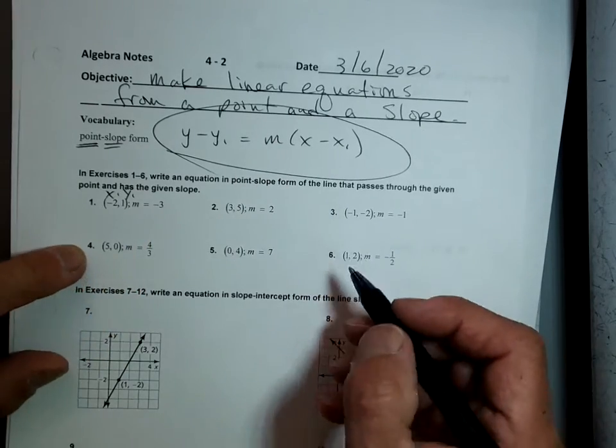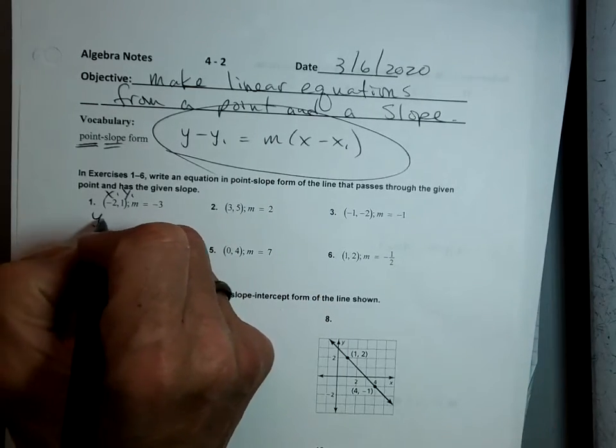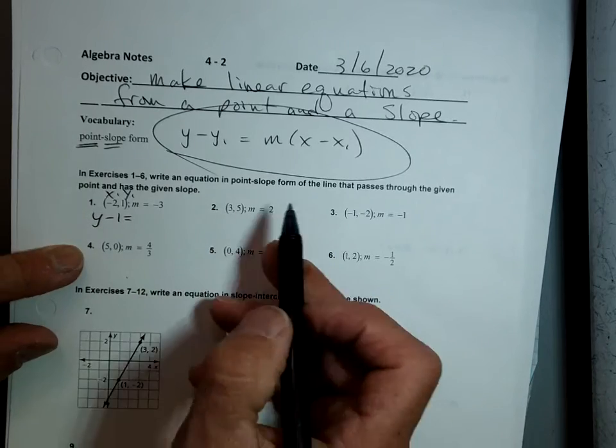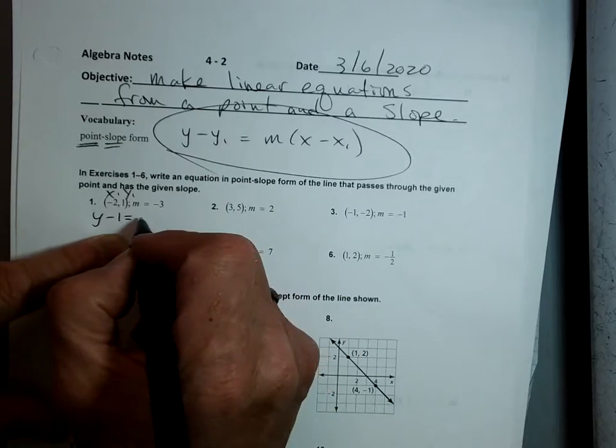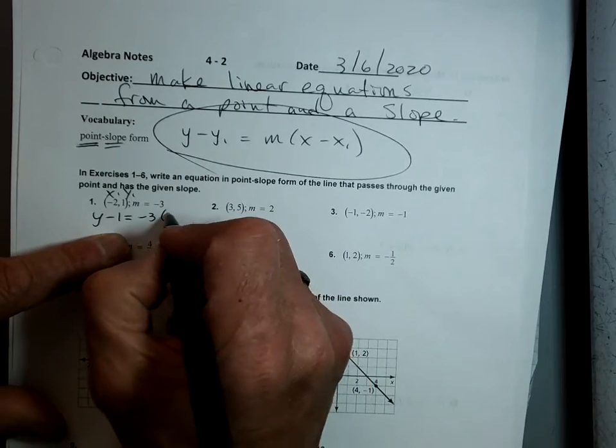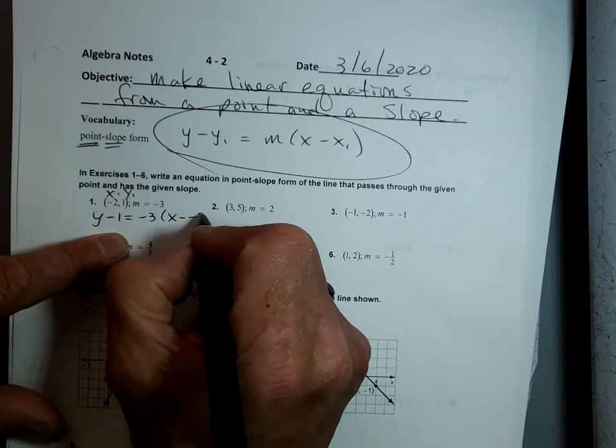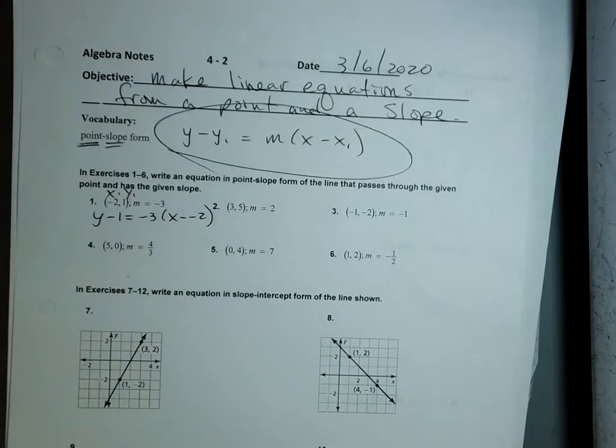So I'm going to rewrite this as y minus 1, putting my 1 in for y1, equals negative 3 times x minus a negative 2. So what I did is I put the negative 2 there, the 1 there, and the negative 3 there. Okay, I did it right.